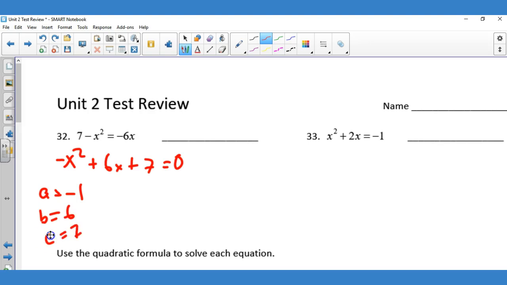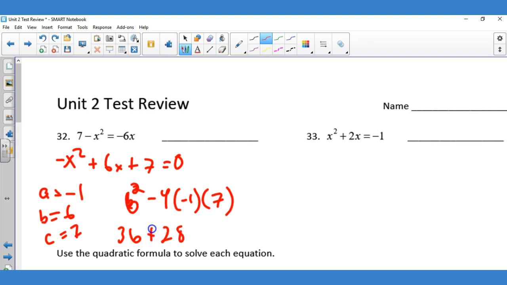Now we have B squared, which is 6 squared, minus 4 times A times C. So that gives us 36 minus, that becomes a positive 4 times 7 is 28.